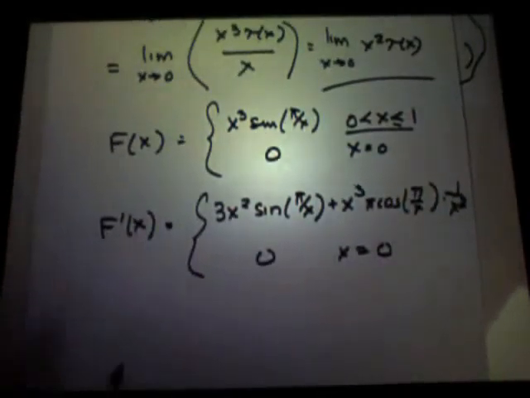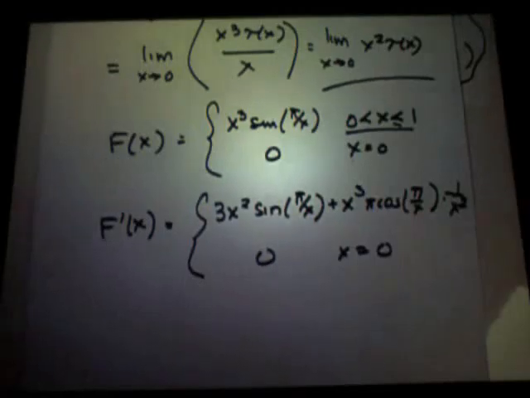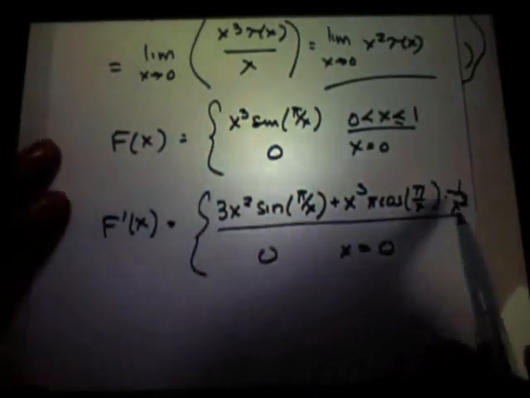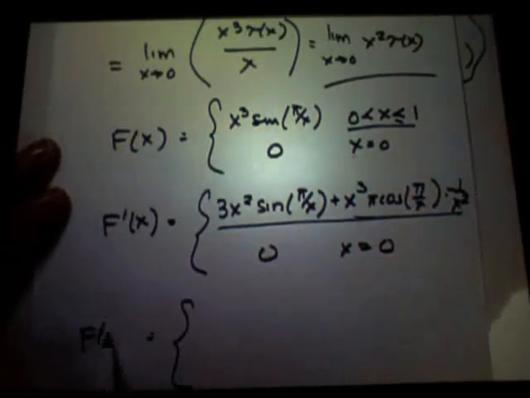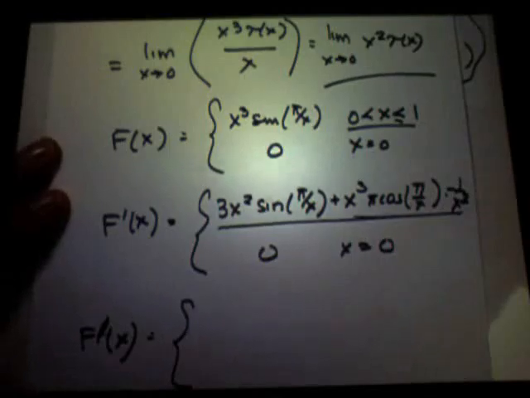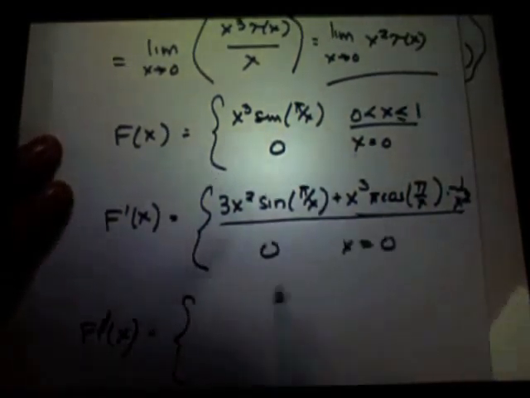To show that this function is integrable, I have to show it's continuous. So if I simplify this, I'm finding that f prime of x, this is part A we're doing, calculate f prime. So what's f prime?